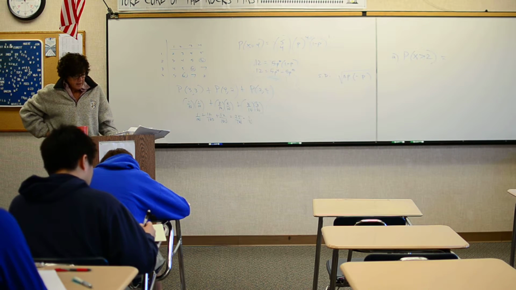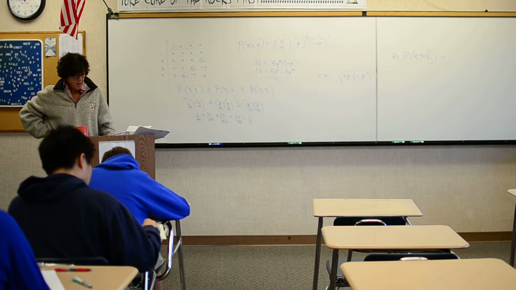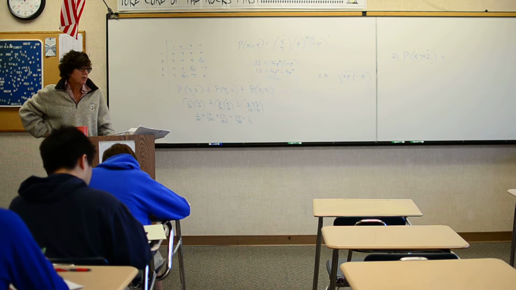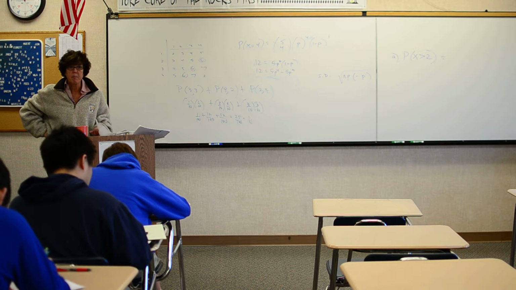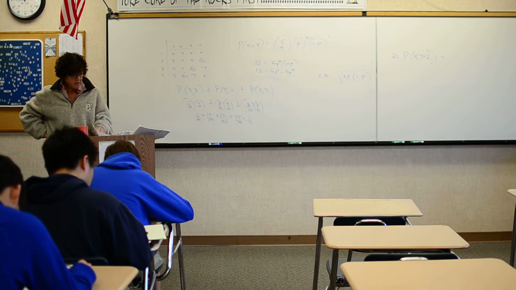So let x be the number of accidents which occur in a day. Well, they're giving us the mean, actually. They're giving us the m. So that's easy. So how am I going to figure this out?